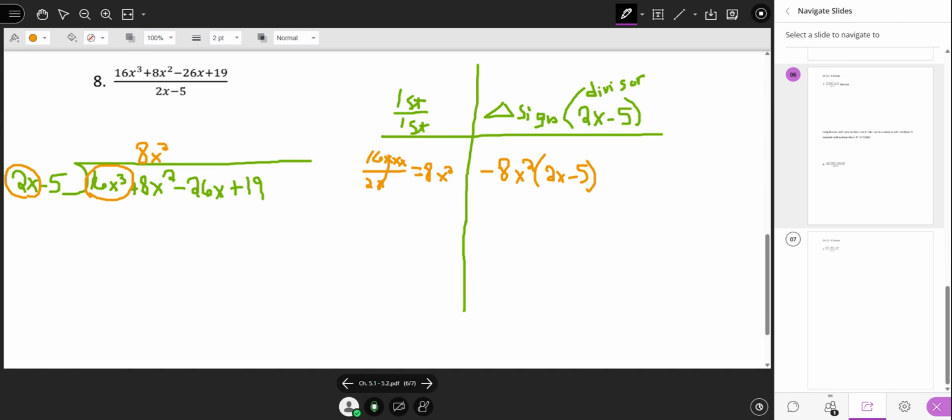Whew, my hand's cramping. Now we spread the jam like Austin was saying. We do the distributive property. So negative 16x squared, or x cubed, negative times negative is positive 40x squared.